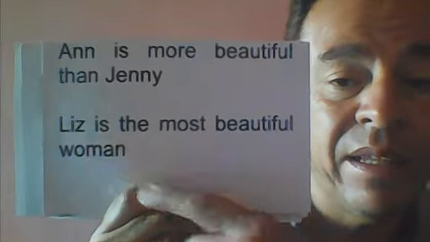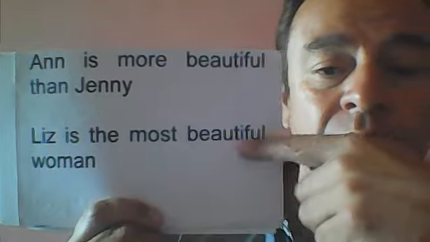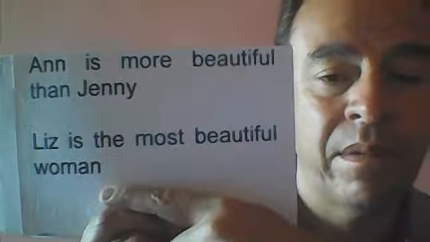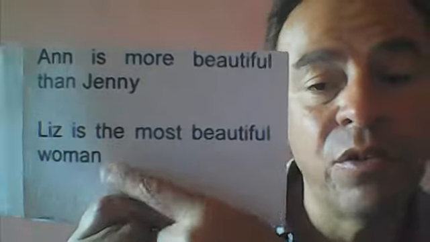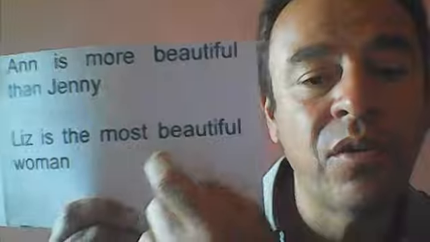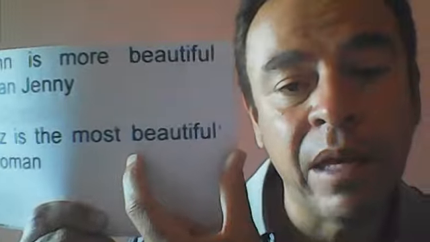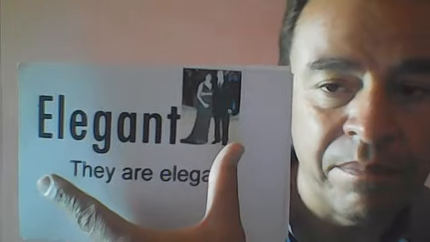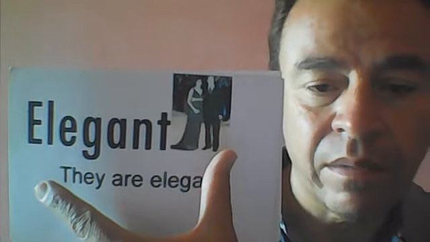And the next example is Liz is the most beautiful woman. To make a superlative sentence, you use article the, word most, and adjective beautiful. And the same happens with all long adjectives, as elegant, expensive, successful, etc.